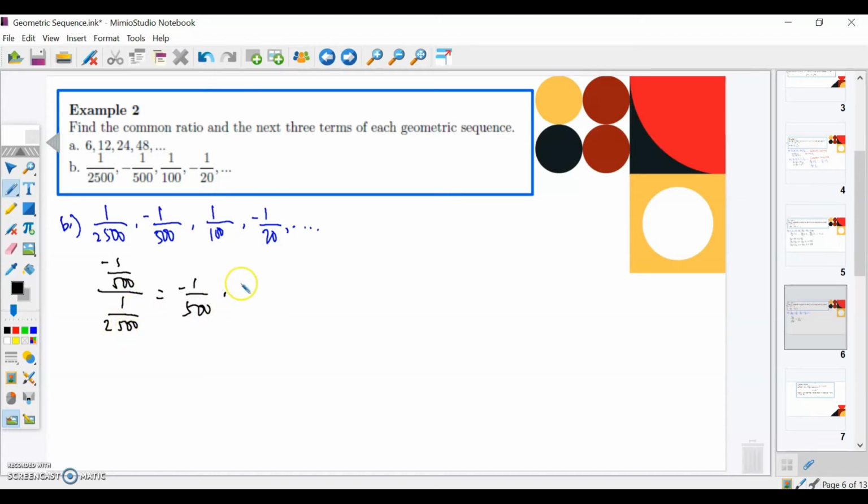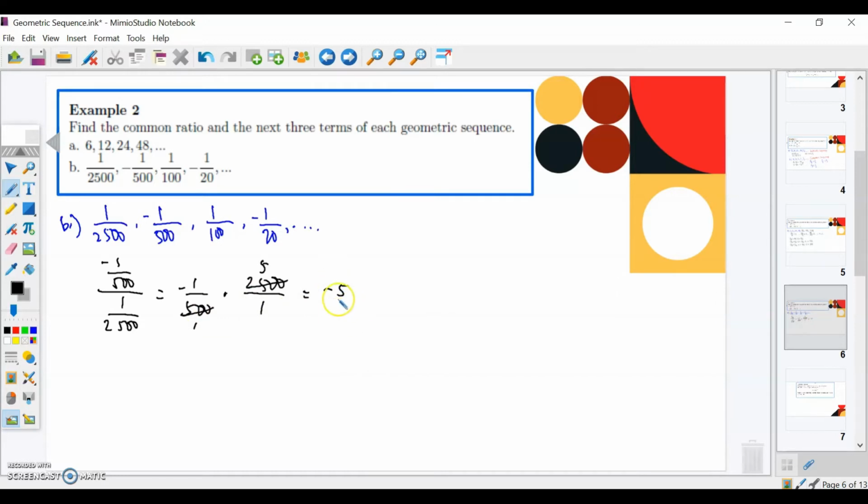So the reciprocal of this is 2,500 over 1, and then we proceed to multiplication. We can cancel 500 and 2,500. This will give us 1. This will give us 5. Then negative 1 times 5 is negative 5. 1 times 1 is equal to 1. So this is negative 5 over 1, or simply negative 5.